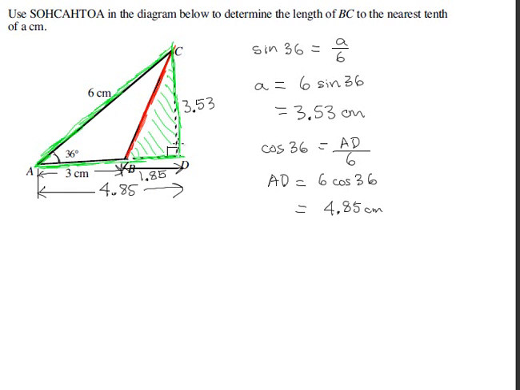Great. If you look at the right-hand triangle, the cross-hatched one, we now know 2 of its sides. We have 1.85 on the bottom, 3.53 up the right edge. The Pythagorean theorem will now get us the hypotenuse that we want. A squared plus B squared equals C squared.